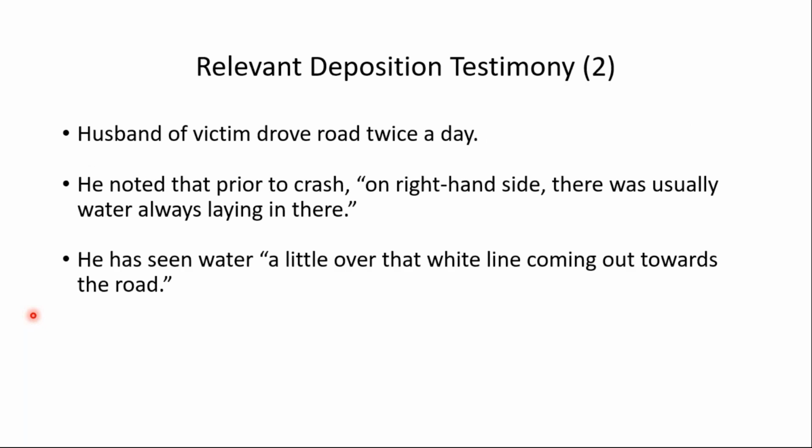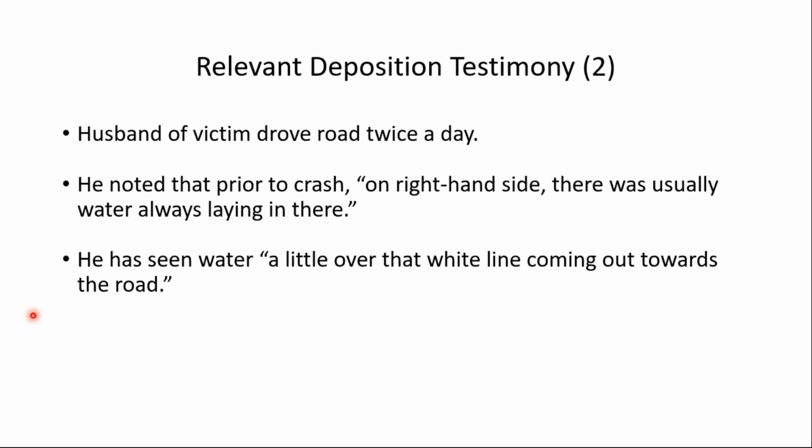The husband of the victim drove the road twice a day, and he said that prior to the crash, on the right-hand side, going in the same direction his wife was traveling, there was usually water always laying there. And he also went on to say he had seen water a little over that white line coming out towards the road.